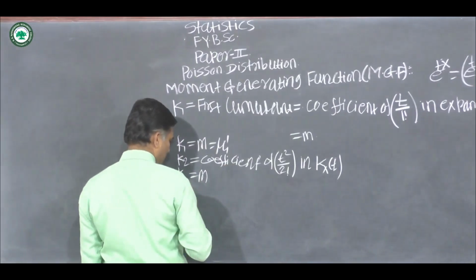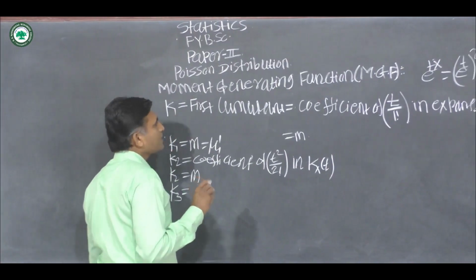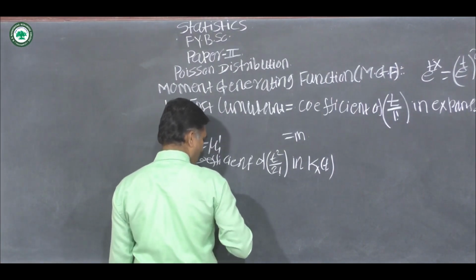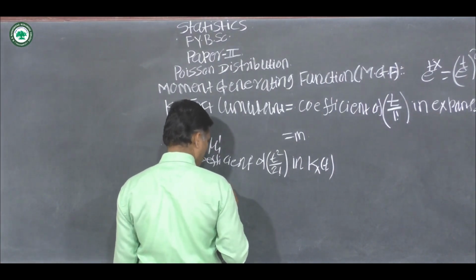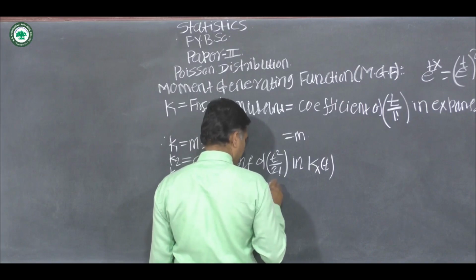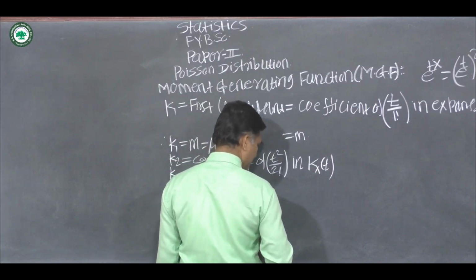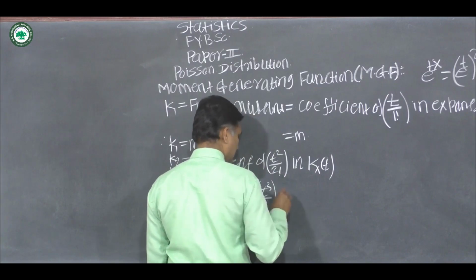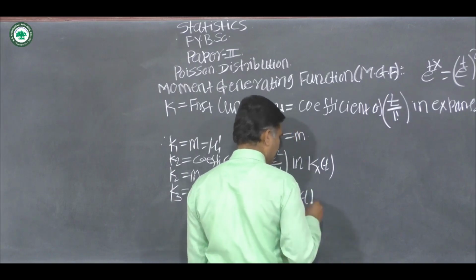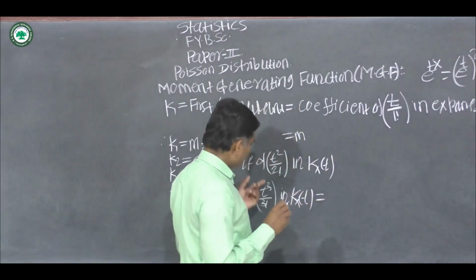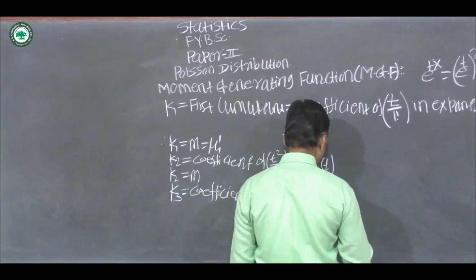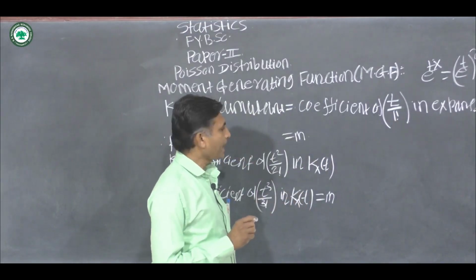K3, the third cumulant of the Poisson distribution, is equal to the coefficient of t cube upon 3 factorial in Kx(t), and the coefficient of t cube upon 3 factorial is again m, means K3 is equal to m.